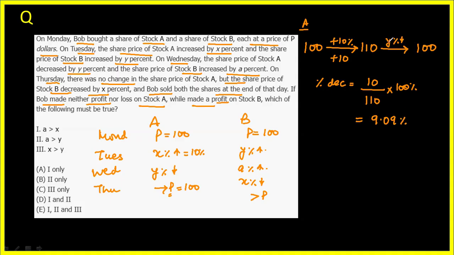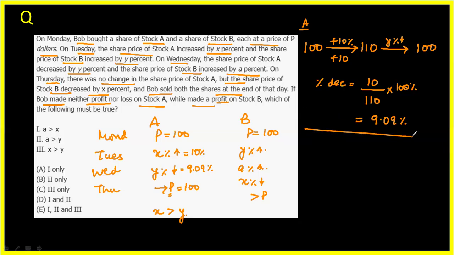So Y should be 9.09%. If it's 100, increased by 10%, then it should decrease by 9.09% so that on Thursday the price comes back to $100. At this point, we understood that X is 10%, Y is 9.09%. That means X has to be greater than Y. So this is a must-be condition.